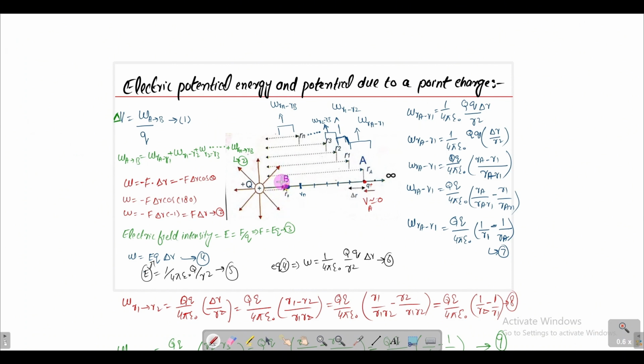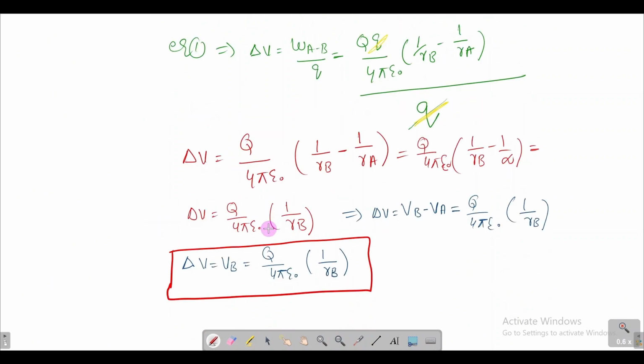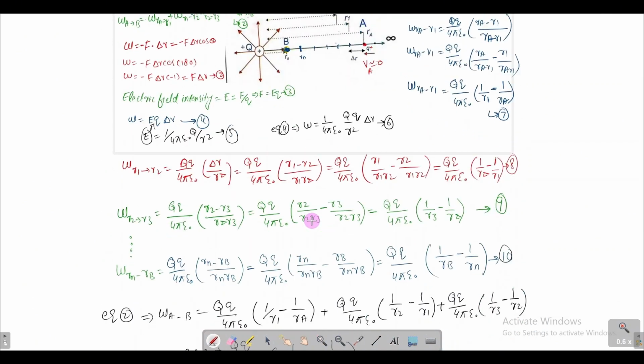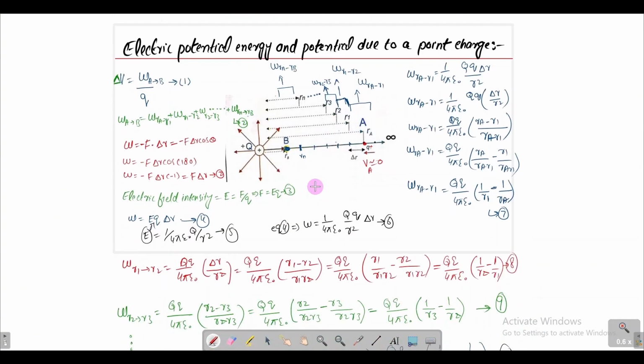So in order to find the potential at a specific point in an electric field, we consider the other point at infinite distance from that point, and with respect to that infinite distance, we determine the potential. So we will apply this last equation and find the potential at that point. So this is the maths and the in-depth intuition of the concept of potential and potential difference. So that's it, guys. Thanks for watching.